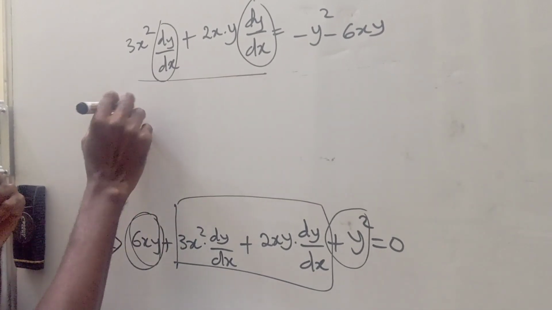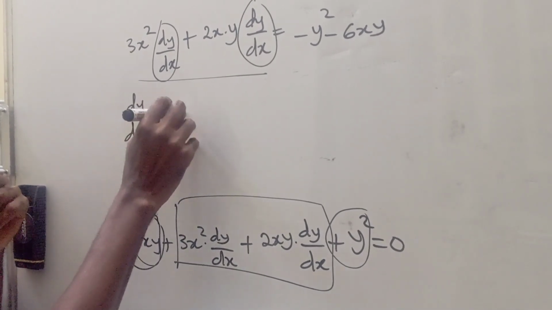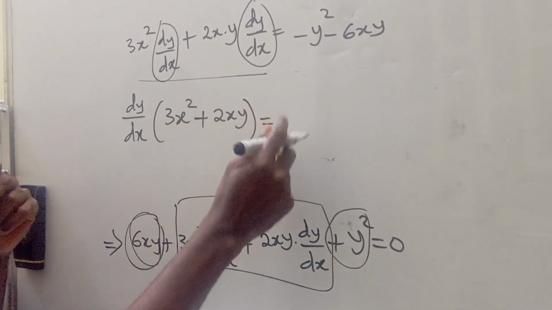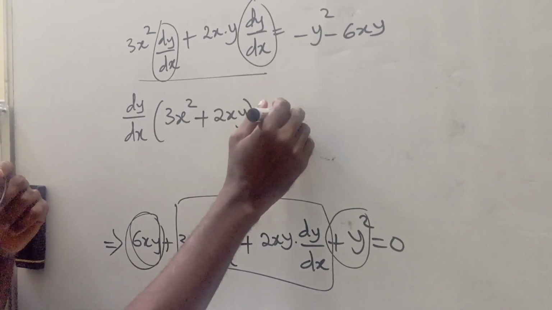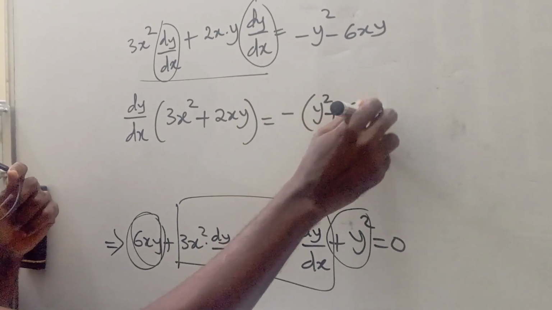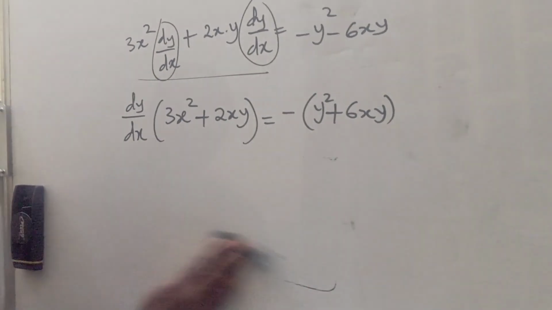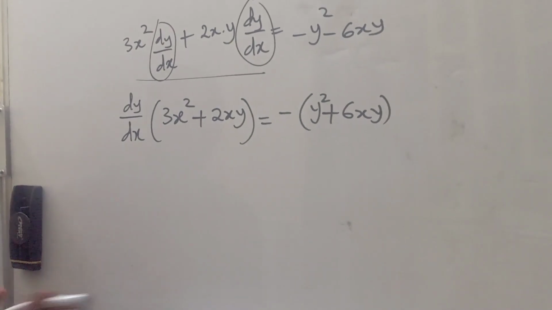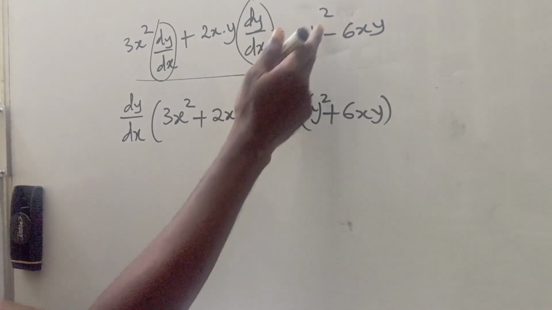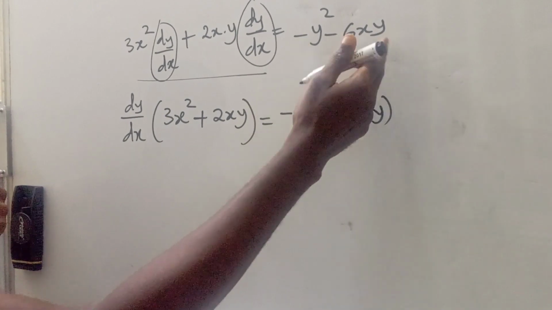So we have dy over dx times 3x squared plus 2xy, which equals minus y into bracket y squared plus 6xy, because remember, if you expand this, minus times y squared gives minus y squared, and minus times plus 6xy gives minus 6xy.